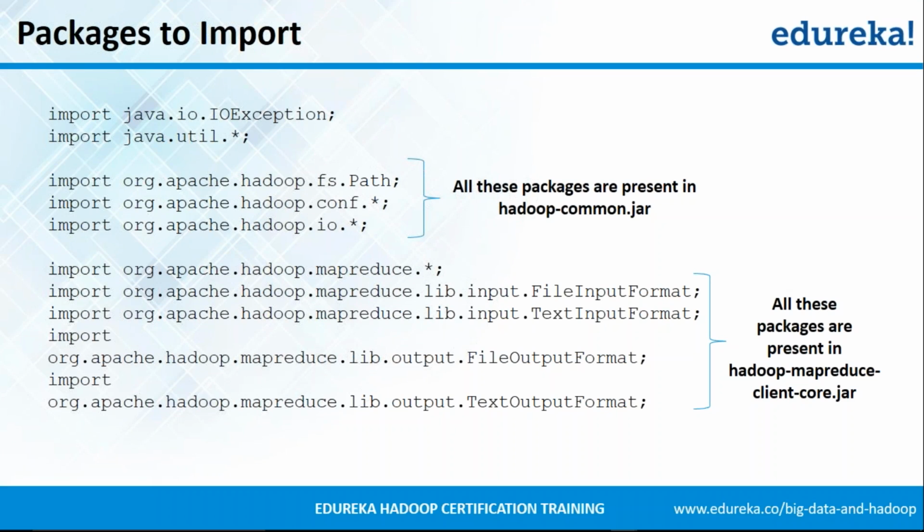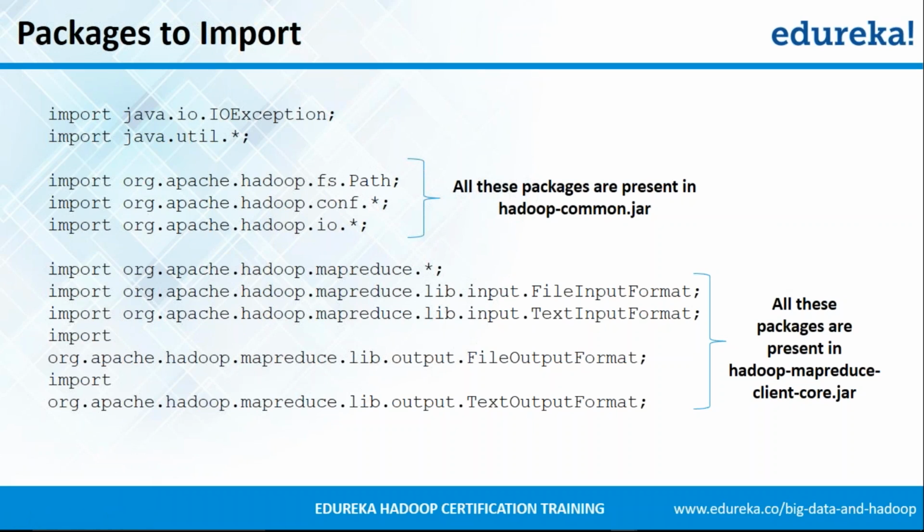Now these are the packages or libraries that need to be imported from the Hadoop package so that we get the required classes for writing the MapReduce program. First we are importing the Java IO package and the util packages that are available in Java. Moving on, we import the packages that are available within the Hadoop commons jar. Okay, so basically we are importing hadoop.fs.path, we are importing hadoop.conf, and then Hadoop IO packages.